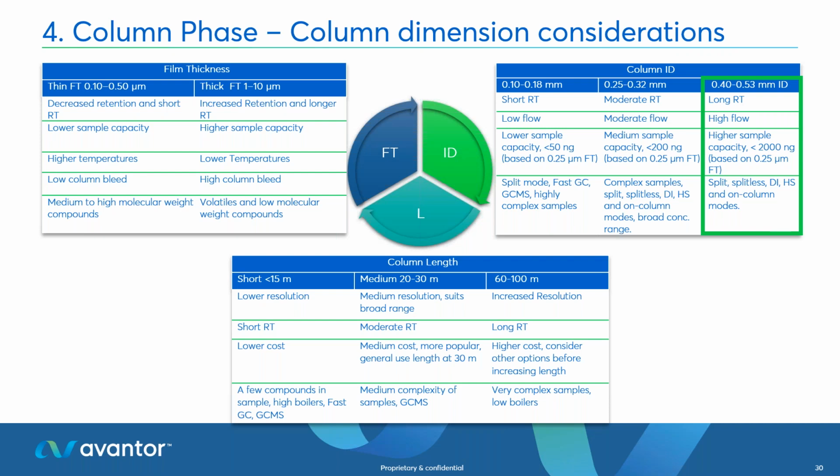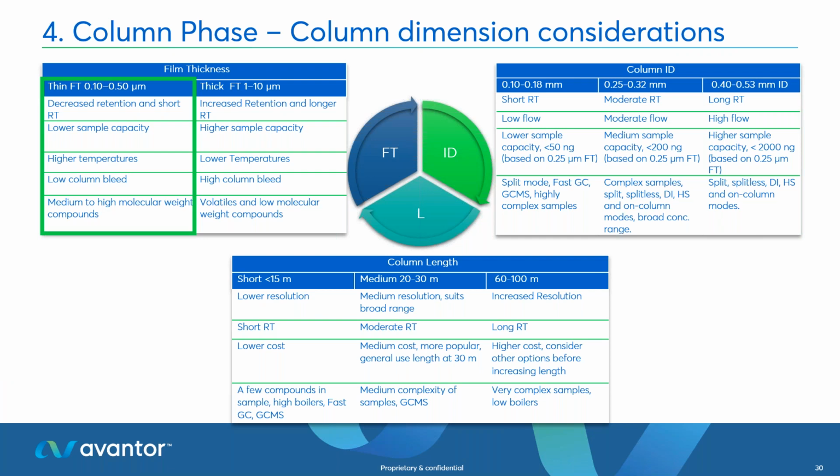And then when you look at the medium, more common IDs, so 0.25 to 0.32, again, medium sample capacity, moderate flows. And as you get smaller and smaller, there are a little bit more restrictions and lower capacity, but these are more beneficial because you have shorter retention times and you can use these with fast GC and GCMS.